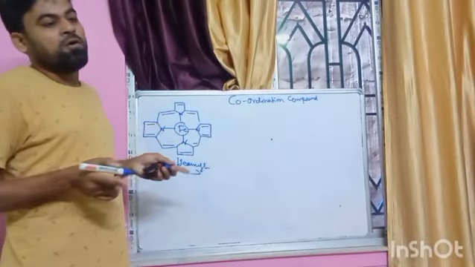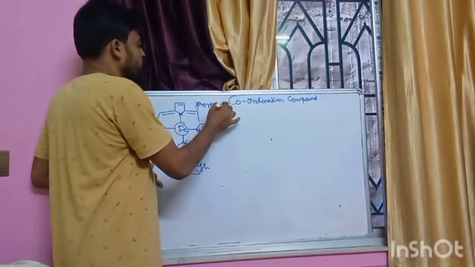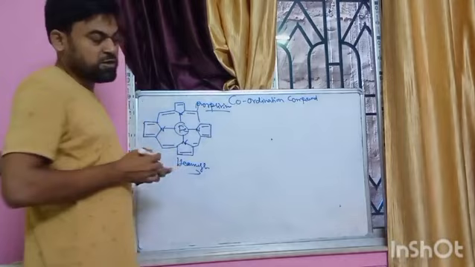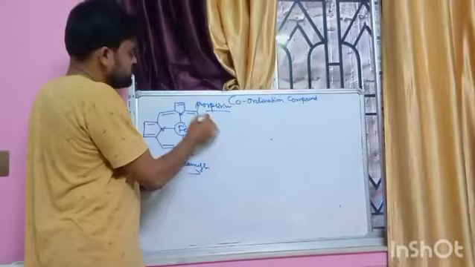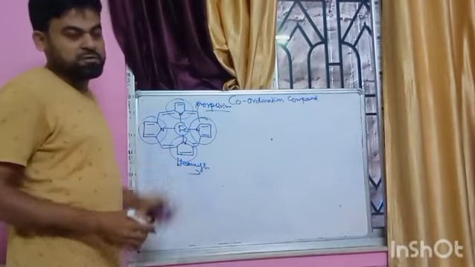Around iron, porphyrin rings are attached. These ring-type structures are called coordinate complexes.